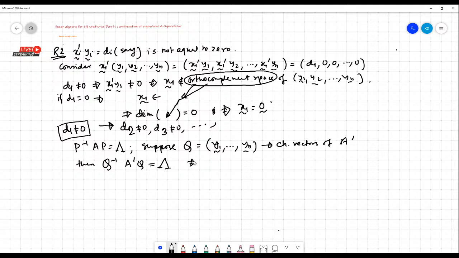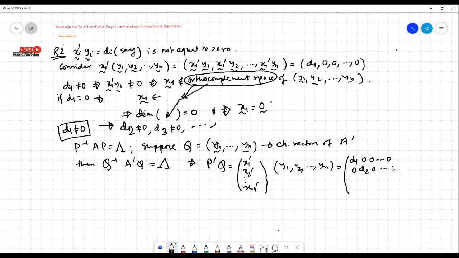So P prime Q, which is x1 prime, x2 prime, ..., xn prime times y1, y2, ..., yn, is equal to d1, 0, 0, 0, d2, 0, 0, 0. So that is a diagonal matrix whose diagonal elements are d1, d2, ..., dn.